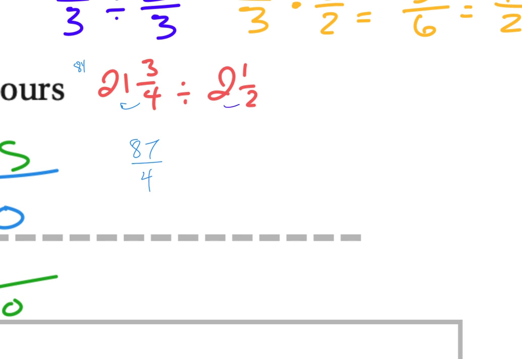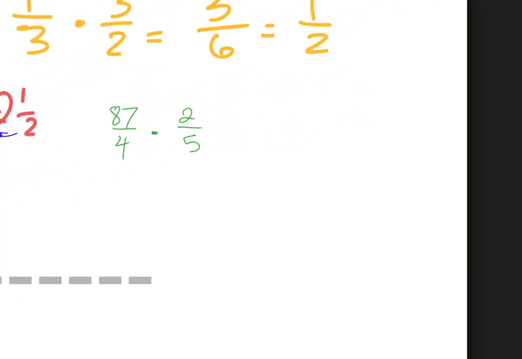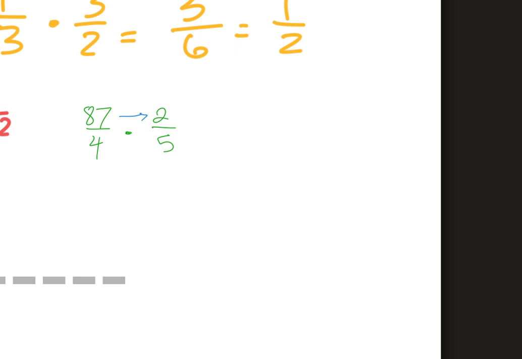And then this is 2 times 2 is 4. 4 plus 1 is 5/2. We are still dividing because all we've done is change them to improper fractions. But now we're going to keep, change, flip.